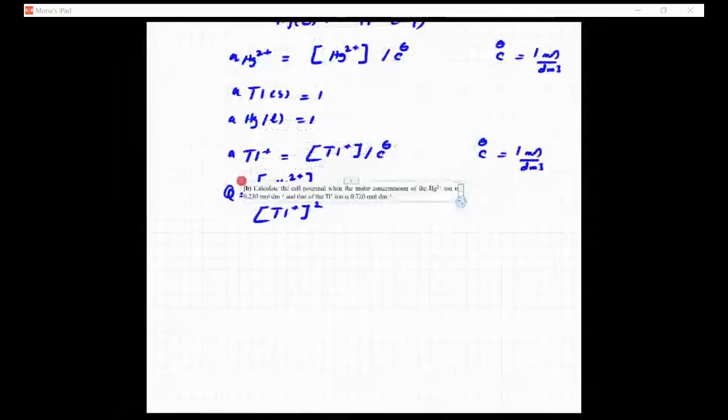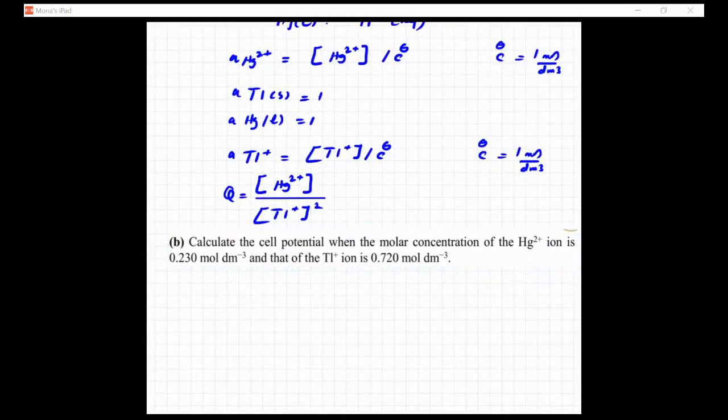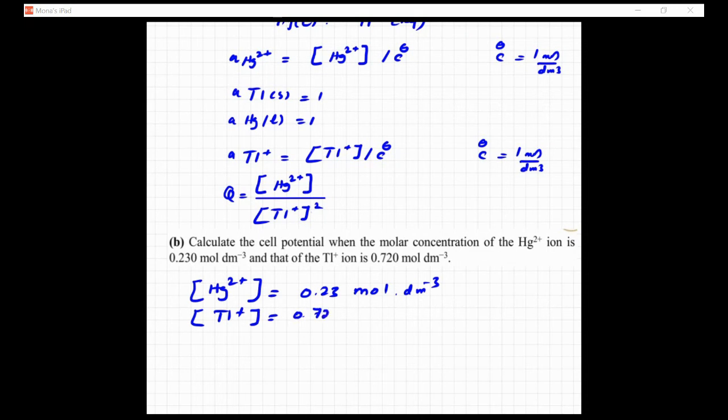It says calculate the cell potential when the molar concentration of Hg2 plus is 0.23 mole per decimeter cube, and the concentration of TL plus is 0.720, also in mole per decimeter cube.